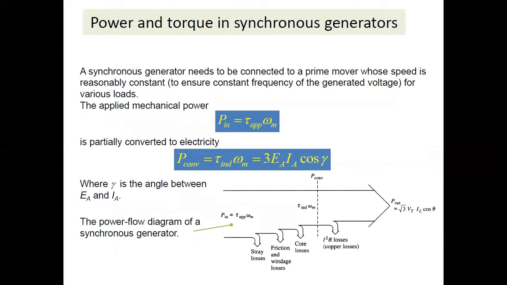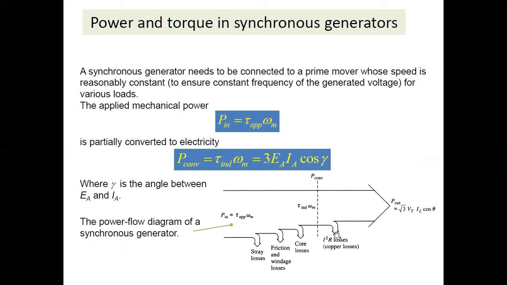If you observe the power flow diagram of the synchronous generator, right from the input to the output, we have various conversion stages. When we feed the power from the input side, we will have the stray losses, friction and windage losses, core losses, and I squared R losses, which are the copper losses.